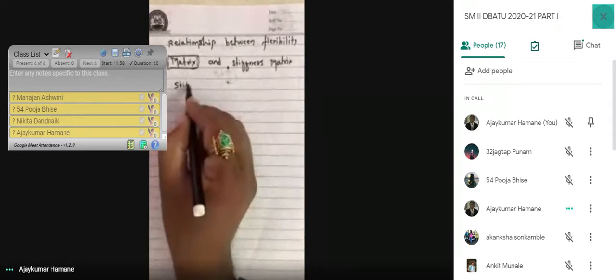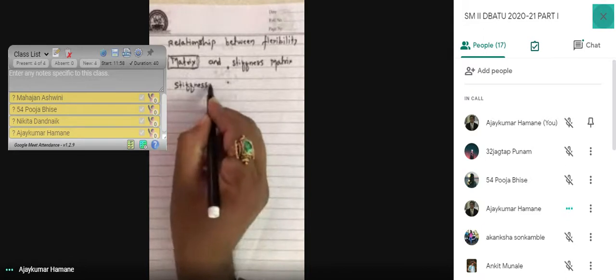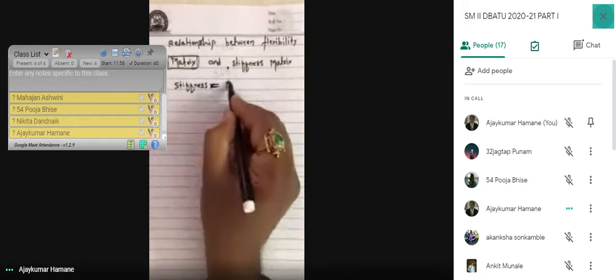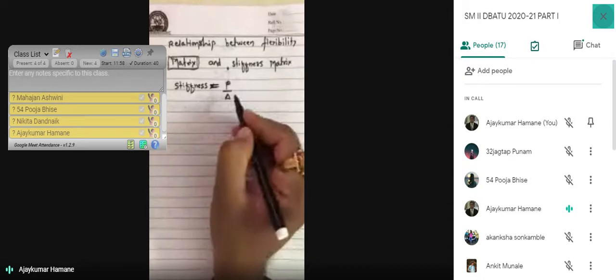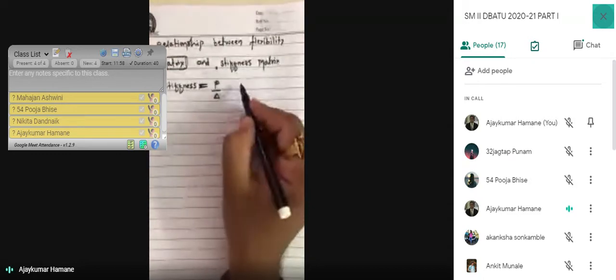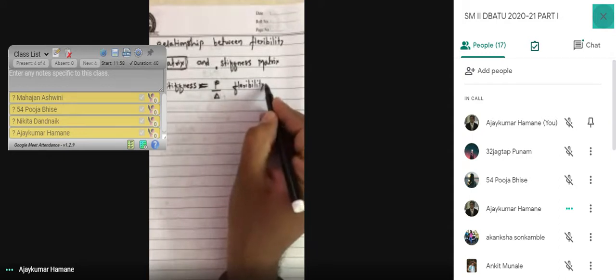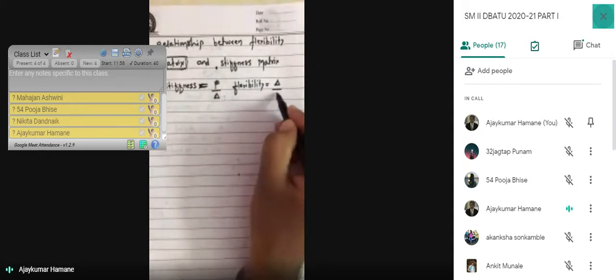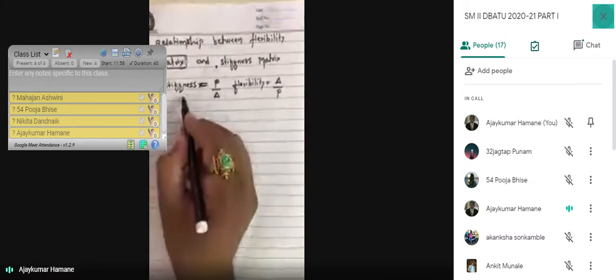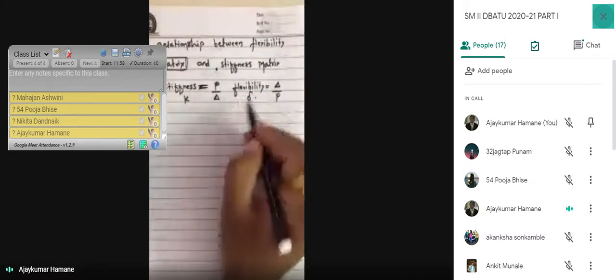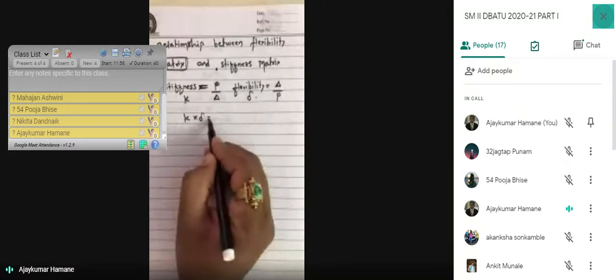So we know the stiffness is equal to force per unit displacement, and the flexibility equals displacement per unit force. So when you multiply K and delta, K into delta, what will happen?